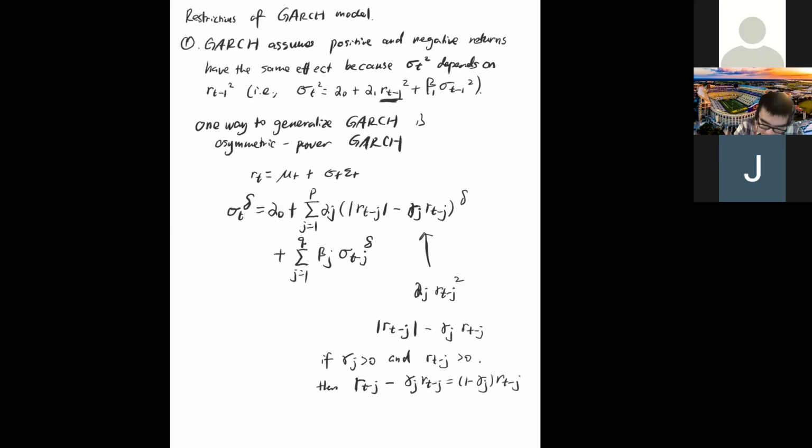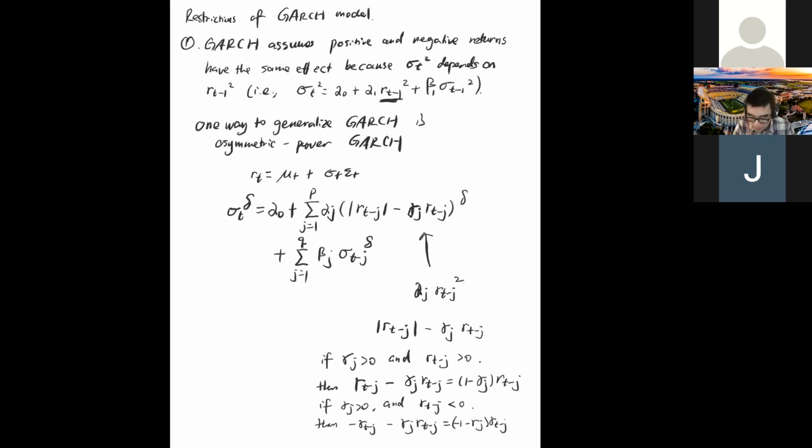On the other hand, if R_{t-j} is negative, what you have is negative R_{t-j} minus gamma j R_{t-j}, so it's going to be (negative 1 minus gamma j) R_{t-j}.